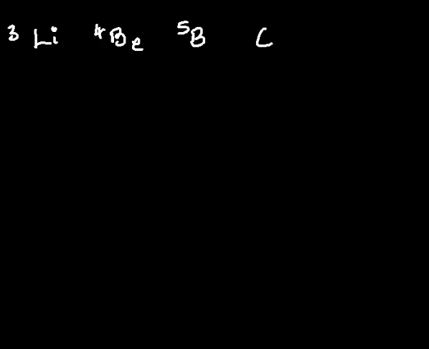And we have carbon having 6 electrons, nitrogen having 7 electrons, and oxygen having an atomic number of 8. Now let's consider the Zeff of these. By the way, these elements are in the same period.